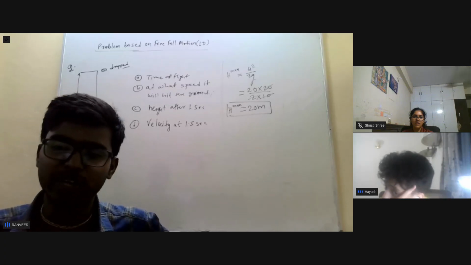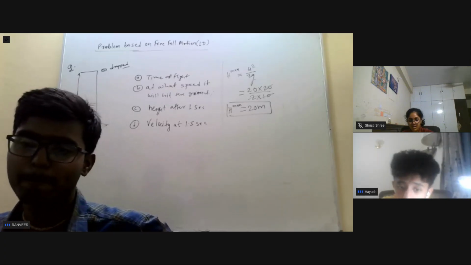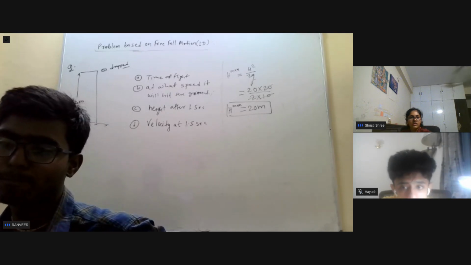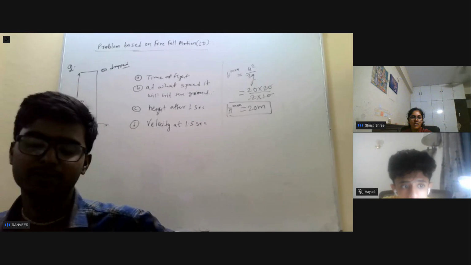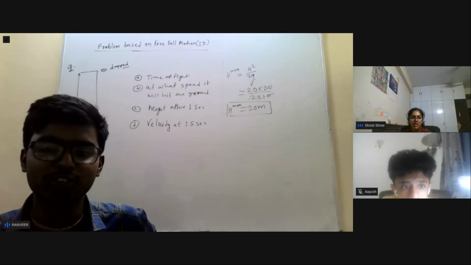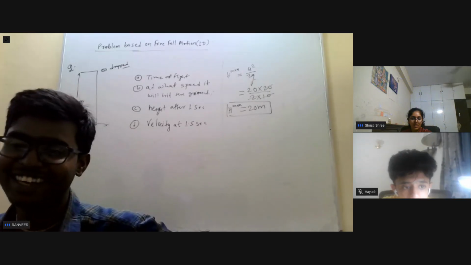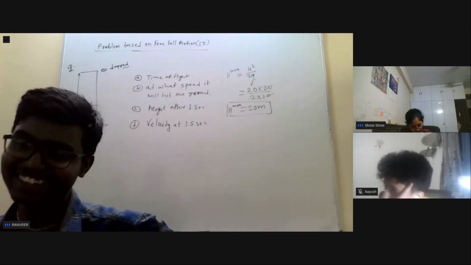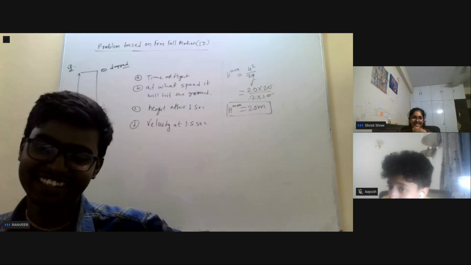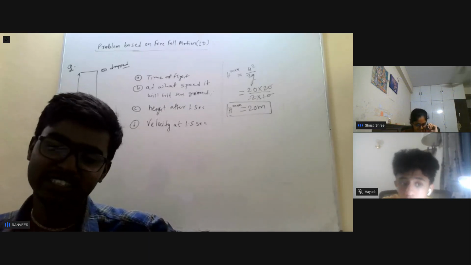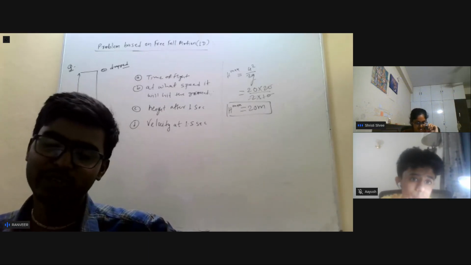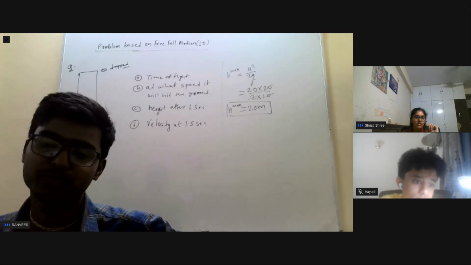Which formula did you apply, Srishti? Sir, 2u by g. Okay. Here dropping means u equals 0, so time of flight becomes 0. But when we apply 2u by g, what is u?